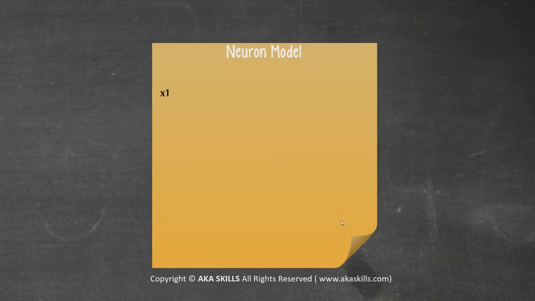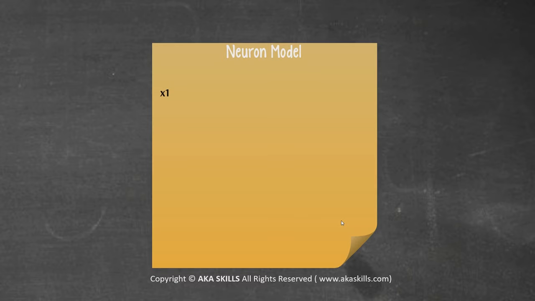So first, the neural model. As we saw before in normal machine learning, we have an input.